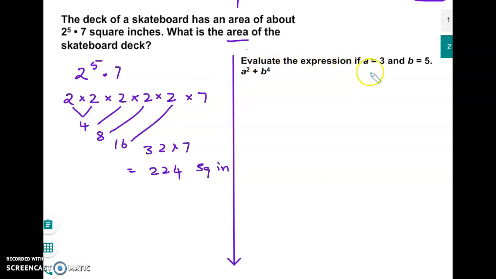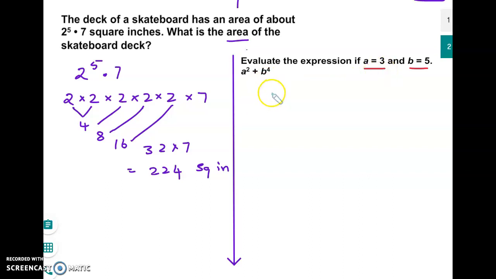Evaluate the expression if a is 3 and b is 5, and we have to evaluate a to the 2nd exponent plus b to the 4th exponent. So let's take that question. Let's replace the letters with the numbers given to you as the values.